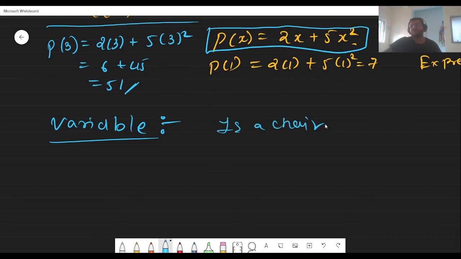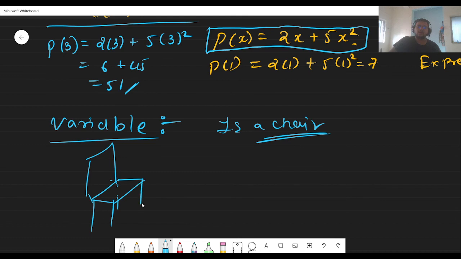Now what is the function of a chair? On a chair, a different person sits at a different time, right? A chair is there in a function, and at different times different persons will sit on this chair. So is the chair a person?